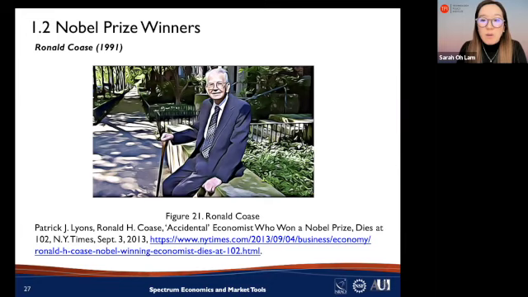His work, Coasean transactions, says that a trade would happen without frictions, but because of the frictions, it might not happen. So a lot of the work in spectrum markets, a lot of the political difficulties and other frictions in trading spectrum, are what Coase was talking about, transaction costs.